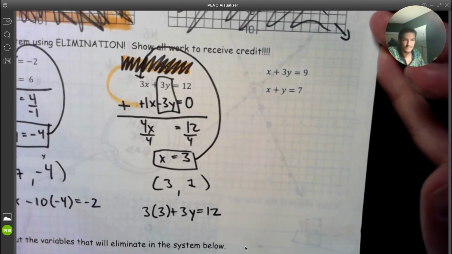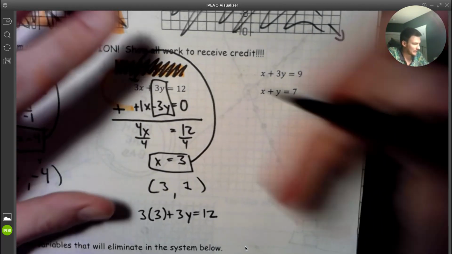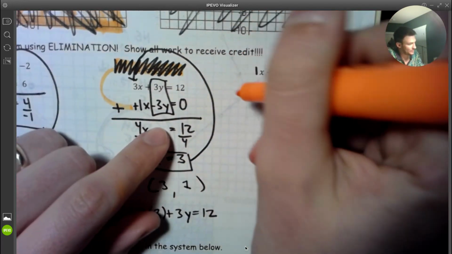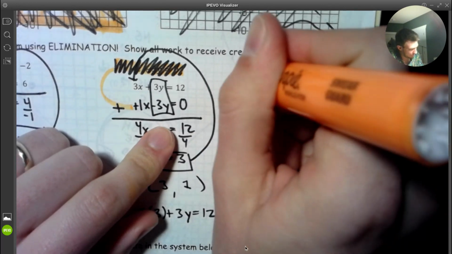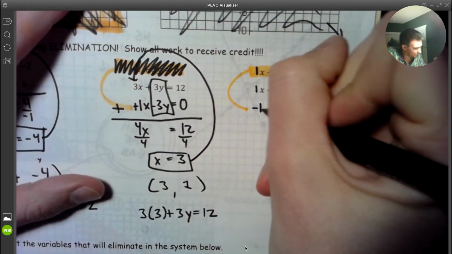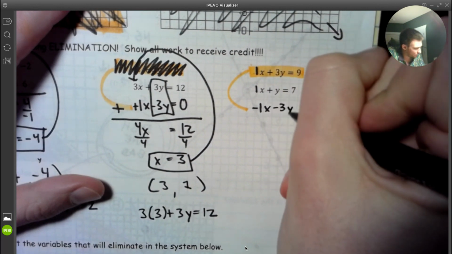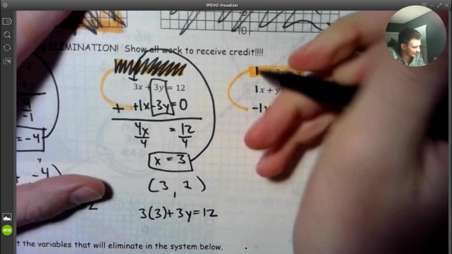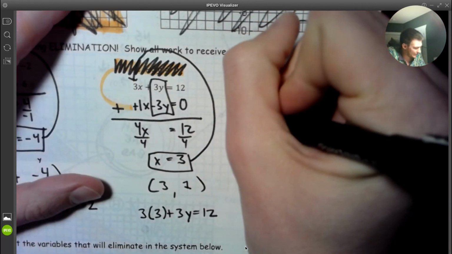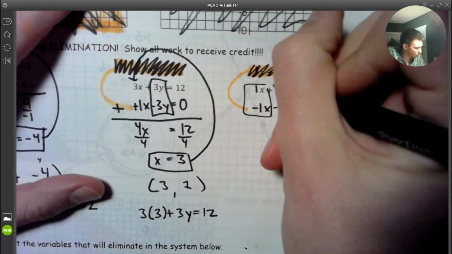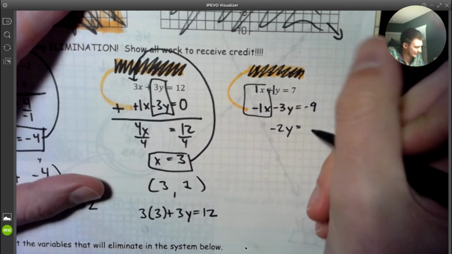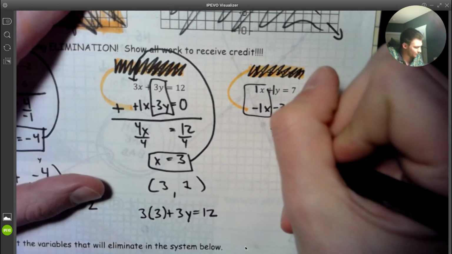And this last question, very similar to the last one. I know that we have 1x and 1x, but 1 plus 1 is 2. So you know what? It is time to rewrite. Negative 1x minus 3y equals negative 9. These are opposites. 1 minus 3 is negative 2. 7 minus 9 is negative 2.